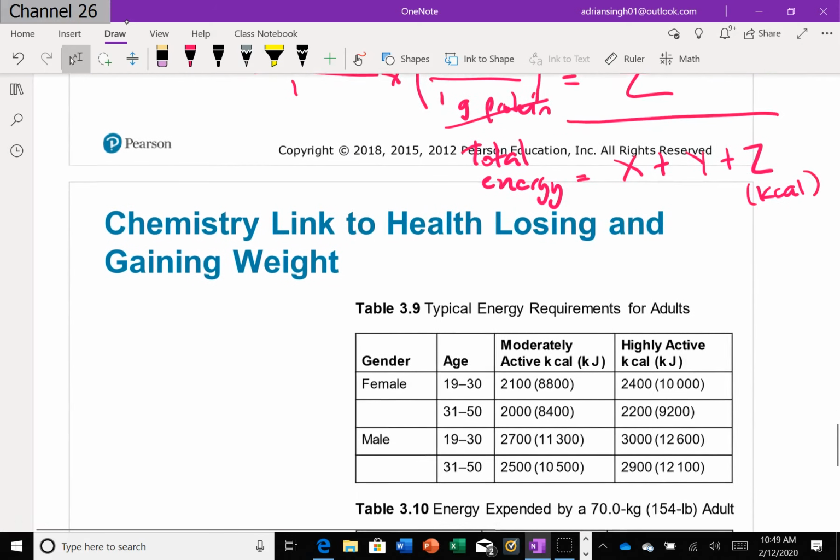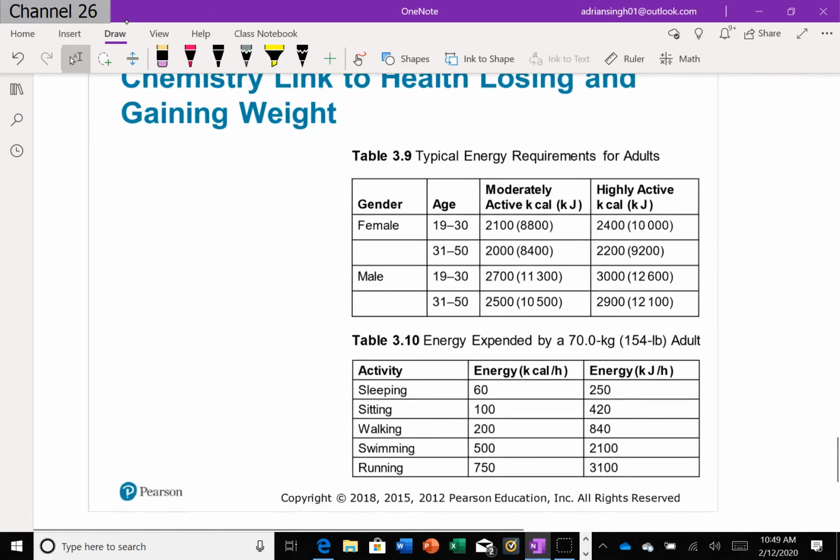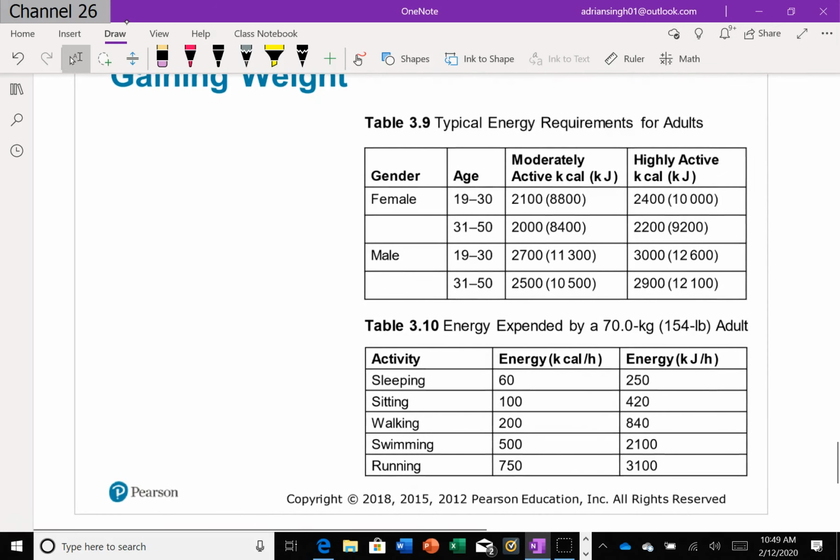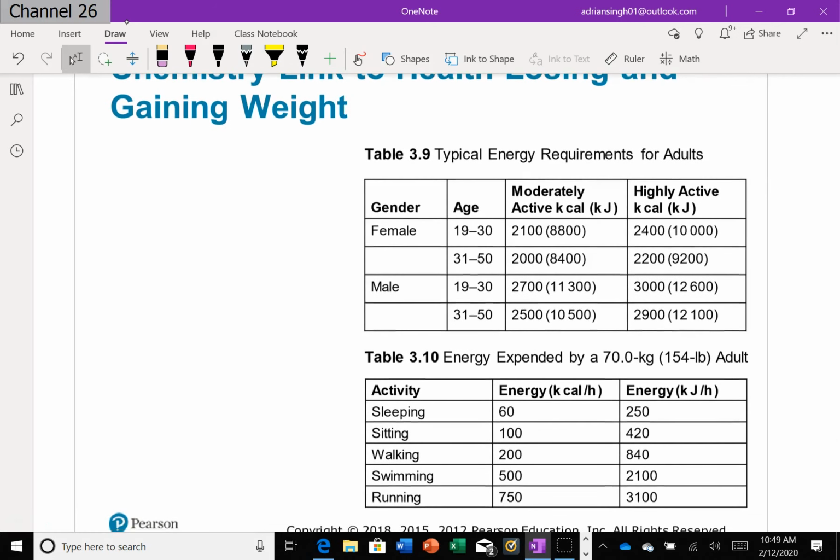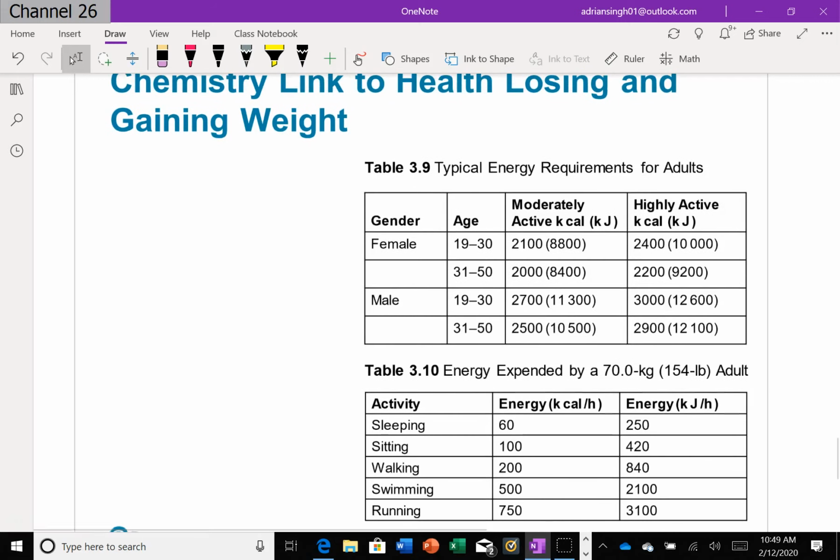Okay, so one thing that we also need to be aware of when it comes to looking at energy and energy content of different foods is how that affects the ability of someone to either gain weight or to lose weight. So when you go through your regular day, you are expending energy as you walk from your car to the classroom, or as you go to the gym and work out.